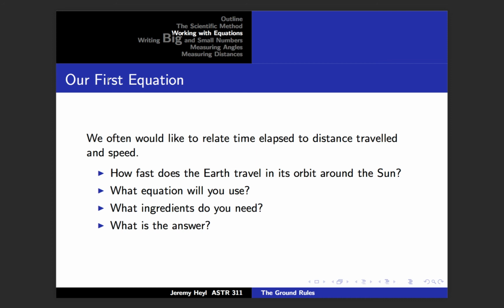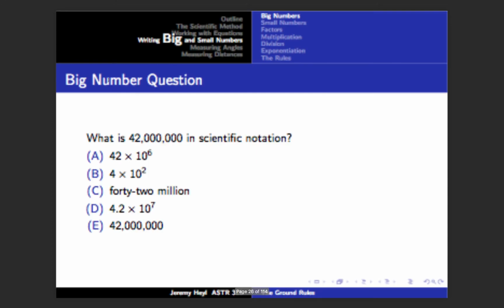Okay. But again, I'm just doing this mainly so you have an idea of how fast things move in astronomy, but also so you see another example of how to do scientific notation. So how would we write that number in scientific notation?